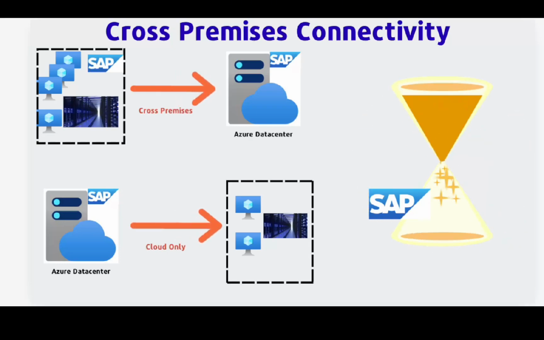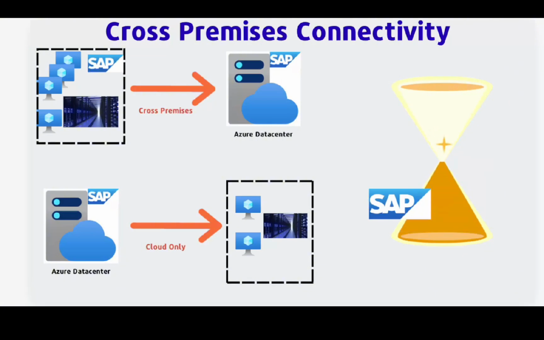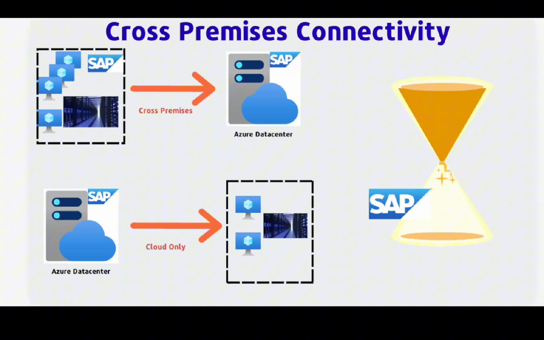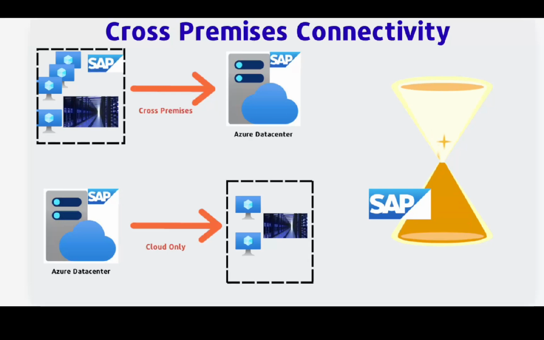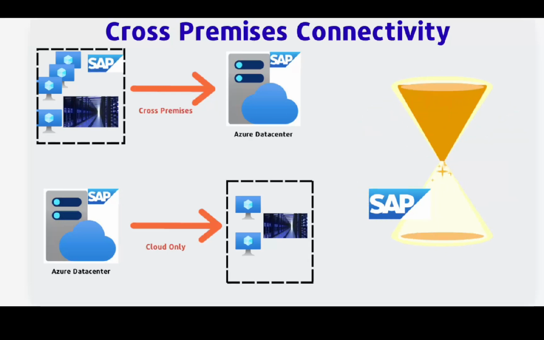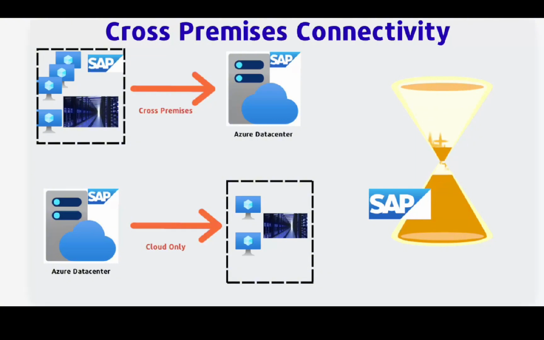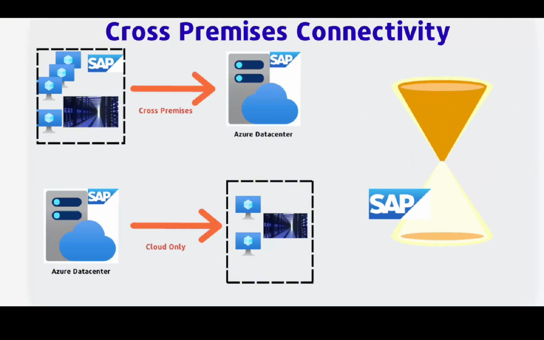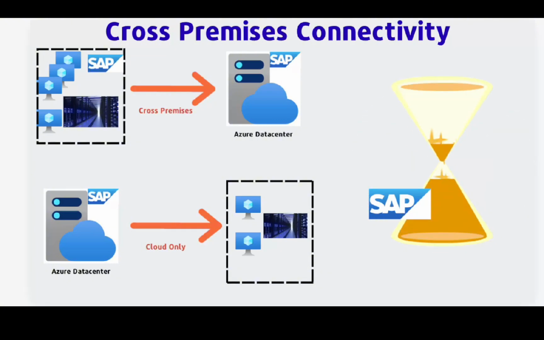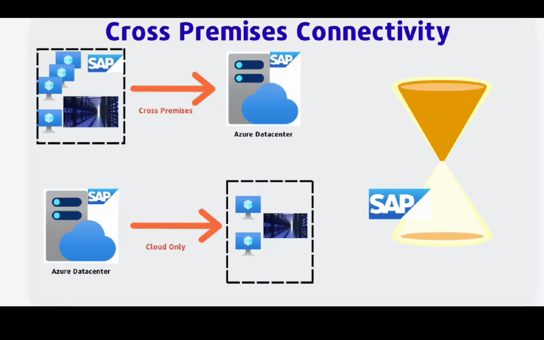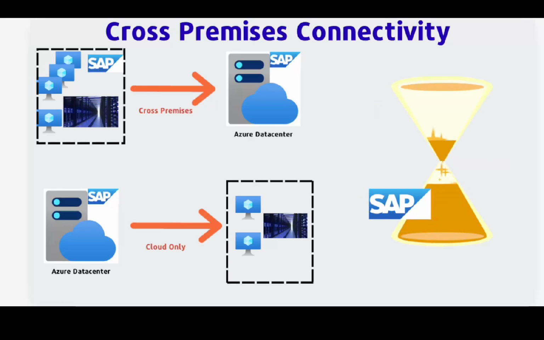Now, when do you go for cross-premises deployment, and what are the considerations which you should keep in mind when you are going for a cross-premises deployment? In a cross-premises deployment, SAP systems must be entirely located either on-premises or on Azure. You cannot split SAP layers between the two.